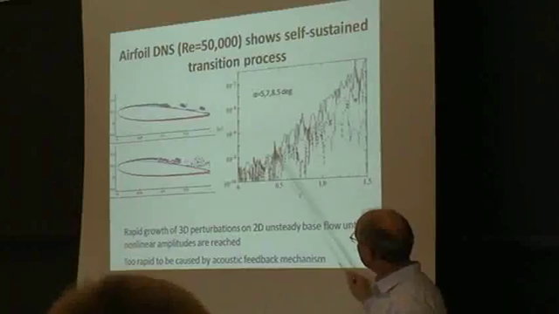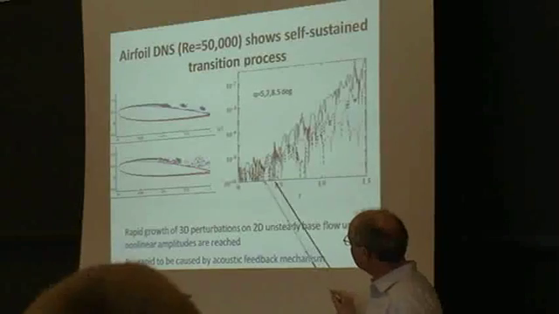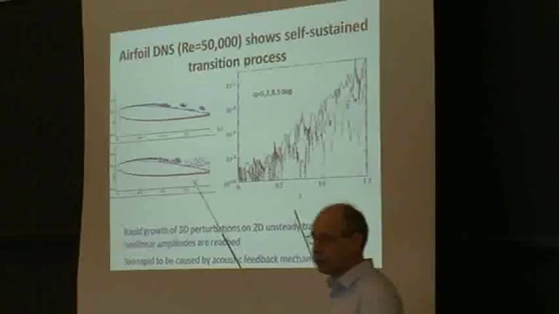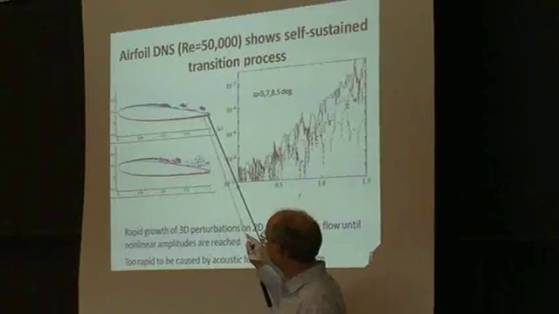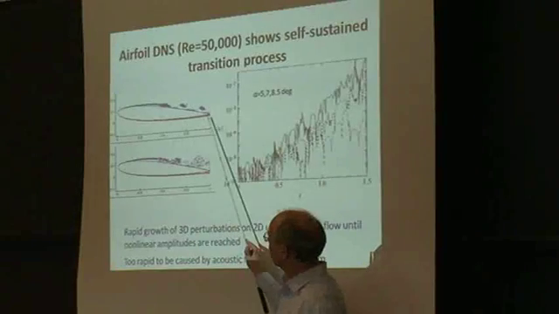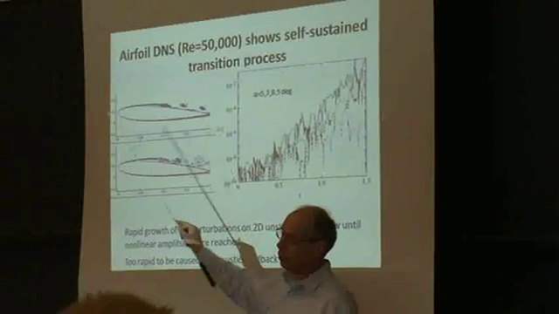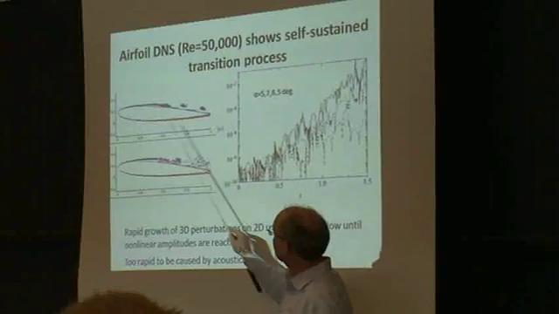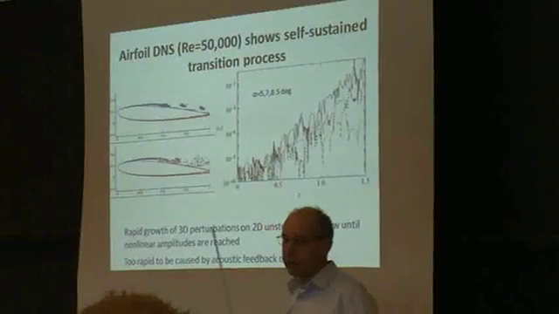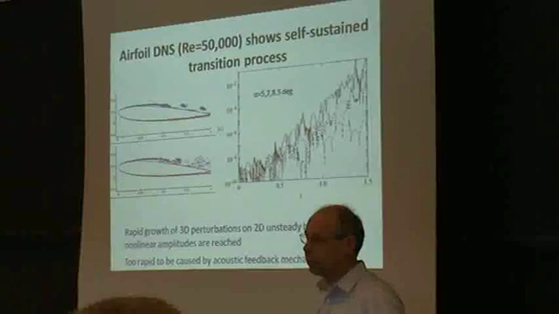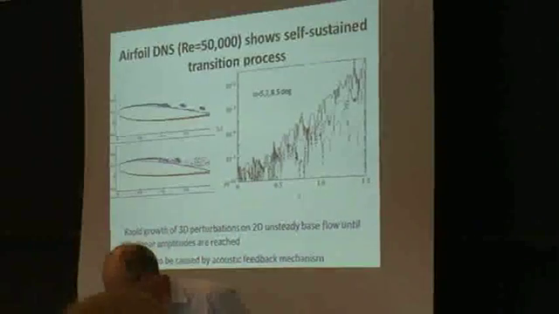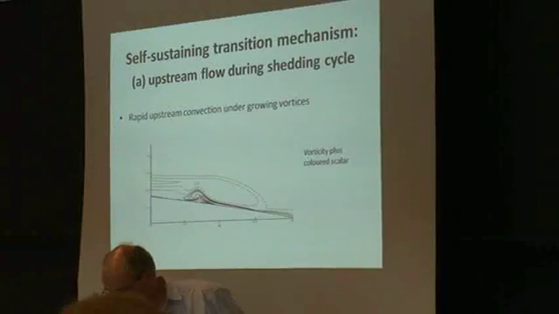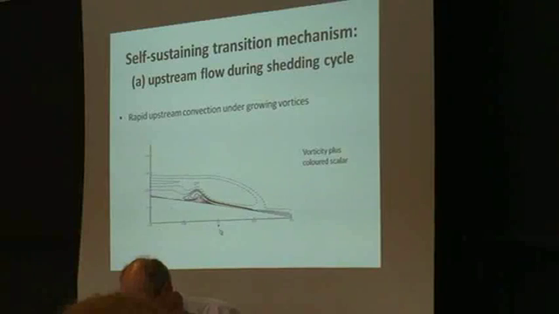It's exponential in time, and it all happens far too rapidly to be associated with an acoustic feedback loop. So it doesn't depend on disturbances getting to the trailing edge, generating sound waves, and then setting up a big feedback loop. So this is something inherent to the separation bubbles that's giving us a very rapid breakdown of 3D disturbances.